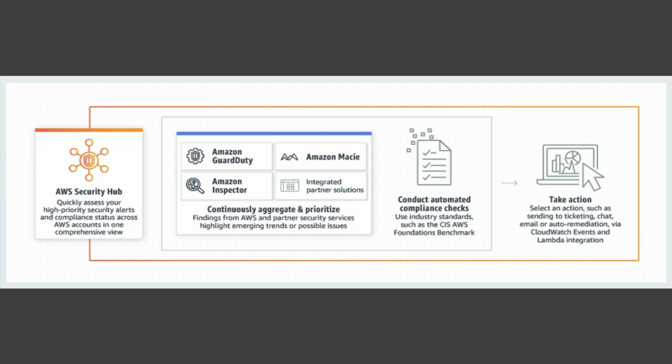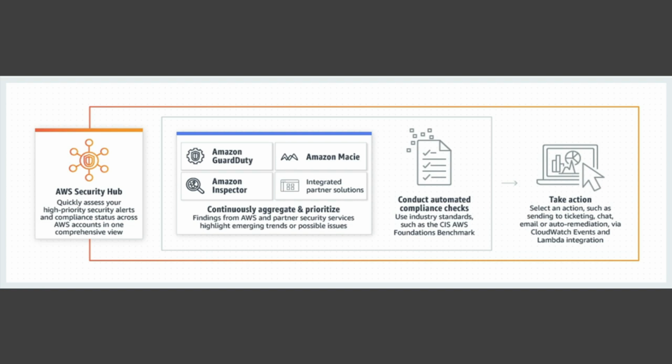Then we get an automatic security check using industry standards such as the AWS Foundational benchmark and PCI DSS as well. And finally, based upon whatever we are getting, we have to take actions.